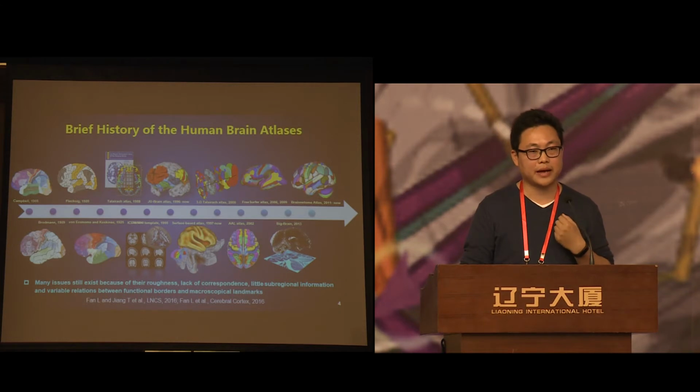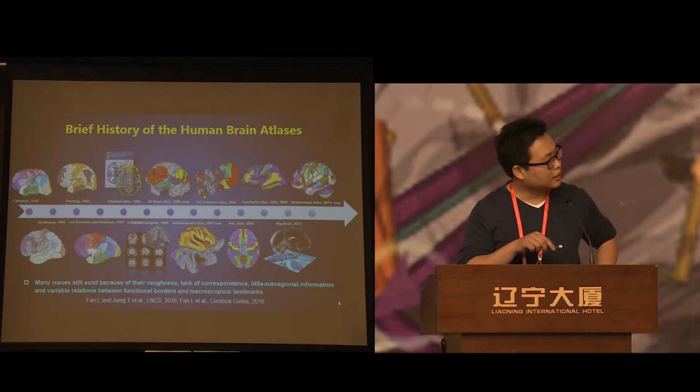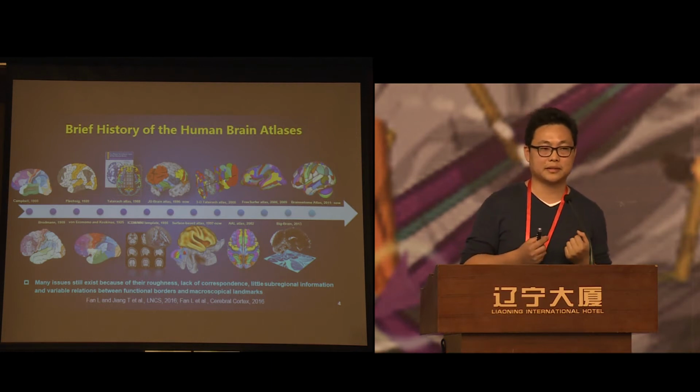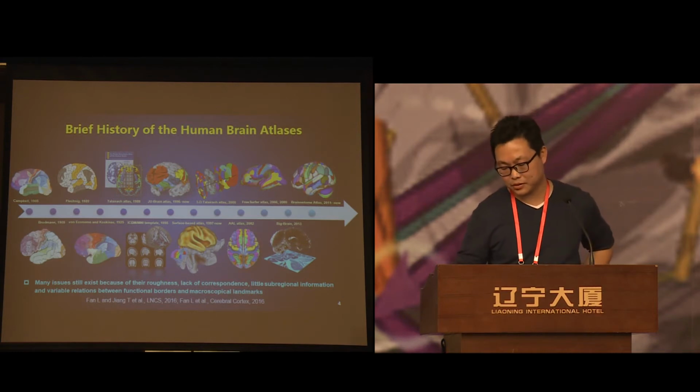So our basic idea is using the connectivities to identify the brain areas, because we know there is a very close relationship between the functions and the connections. So here, there exist a lot of milestones in the brain atlas history. We hope our atlas could be one of them in the history.